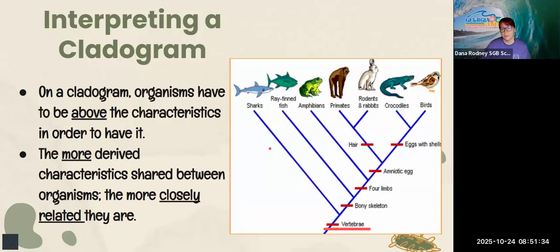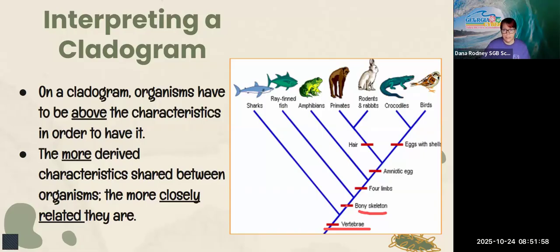Sharks branch off though, because sharks don't actually have a bony skeleton. A shark's skeleton is made up of cartilage, not bone. So sharks branch off. And then ray fin fish branch off because they don't have four limbs. Amphibians, primates, everything else has four limbs. So that's how we look at these characteristics.